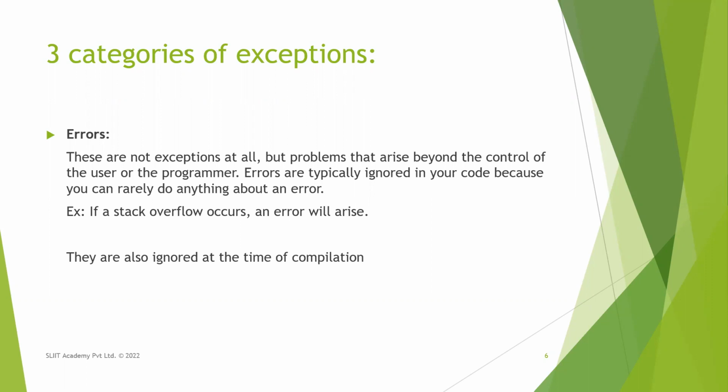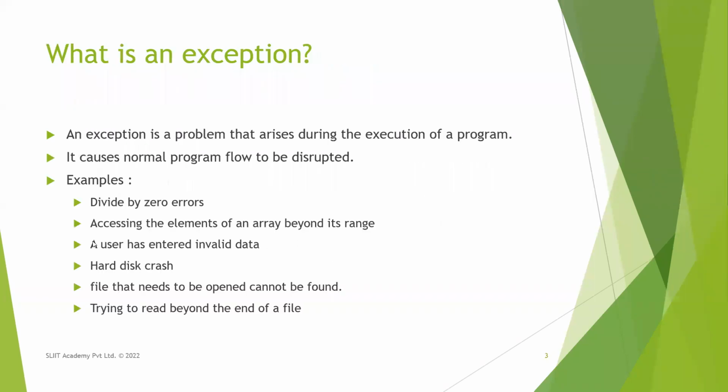You can rarely do anything about this kind of error. One example is that you have a very limited stack in your RAM. So if your stack is overflowing, you will have an error. This is ignored at the time of compilation, so you can't do anything about it. Another example is a hard disk crash, where a file is open but it cannot be found because it's deleted.